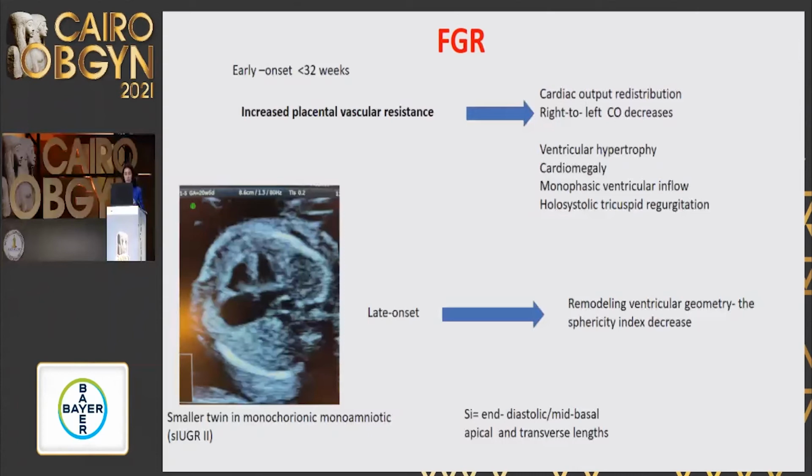In late onset, we can find just remodeling of geometry with a decreasing sphericity index. With early onset, we understand the pathophysiology of this process. With late onset, it is still not established.